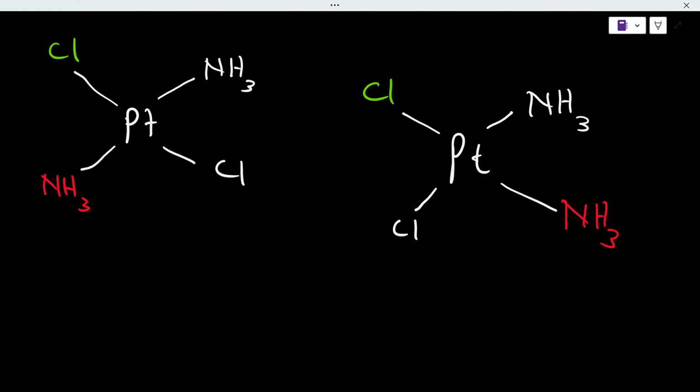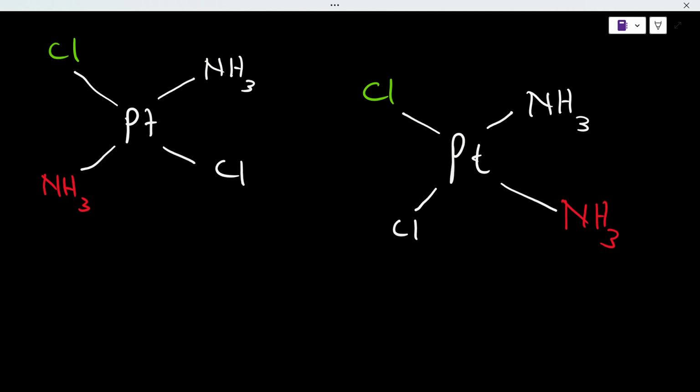Both of them are platinum, and we can use platinum and the bonding of the molecules bonded to that platinum to show the trans and the cis. So we said when the same atoms are found on the same side, we call that a cis isomerism.